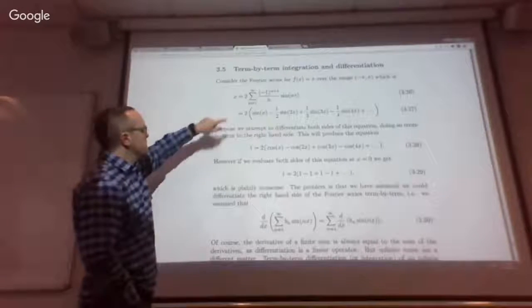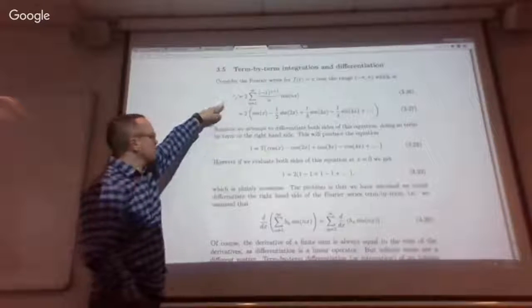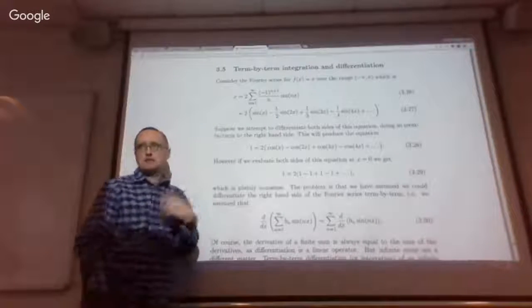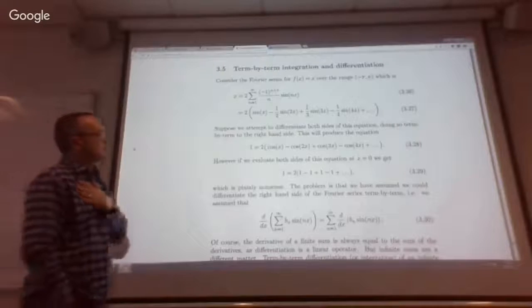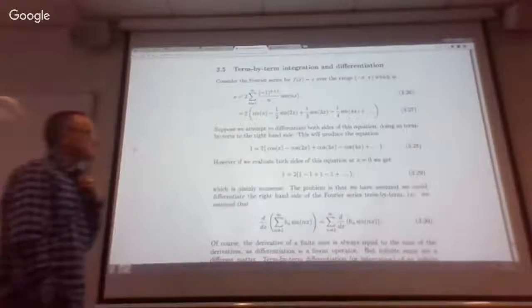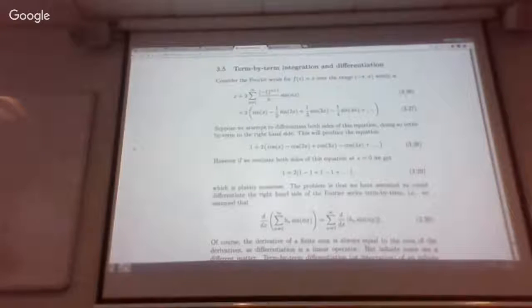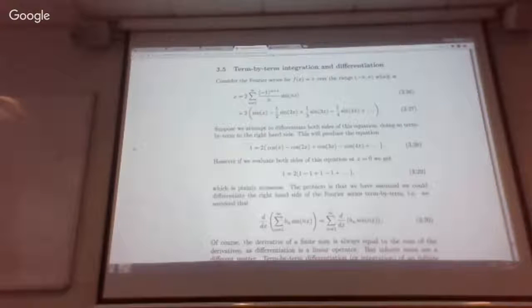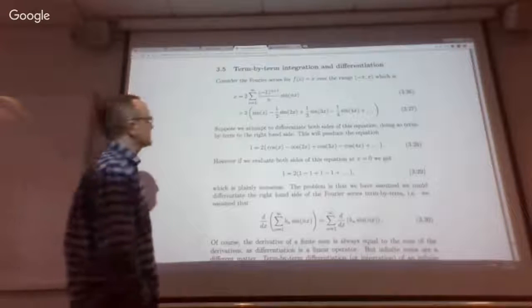So the derivative of the left-hand side is, well, the derivative of x with respect to x is just 1. And on the right-hand side, you see a linear combination of all these sine functions. Well, let's just go ahead and differentiate each one and take the corresponding linear combination of the individual derivatives.